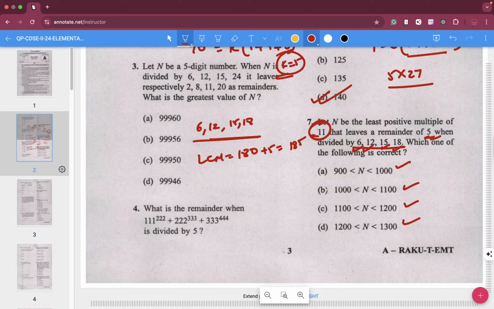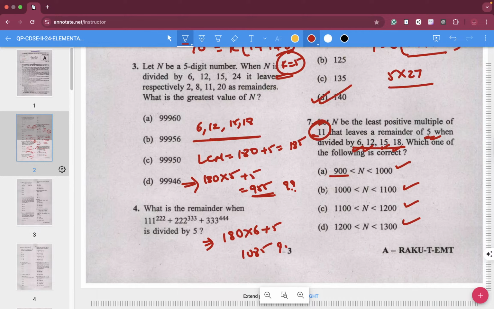So if we check for this one, can we do the multiple of 180? So how much will this give you? 955. This particular value is 955. Is this number divisible by 11? No. So if this number is not divisible by 11, can we do 180 into 6 plus 5? So 1085.